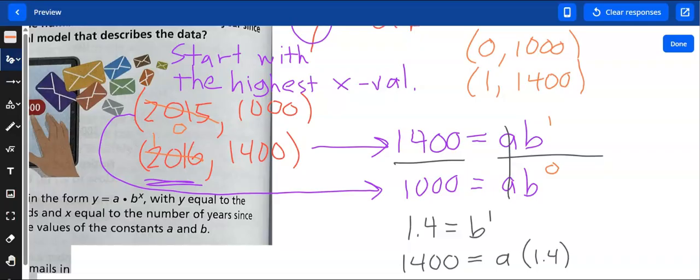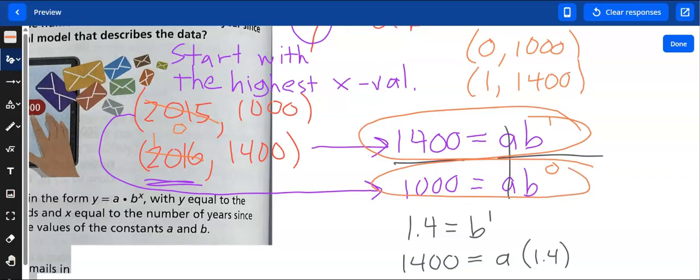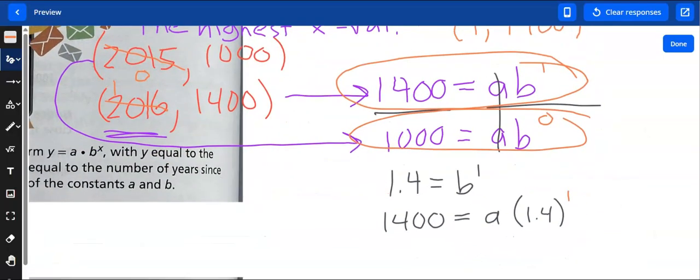Now, do we have an equation we could plug it back into and figure out what A is? Sure we do. We got 2 of them. Anybody got a preference? Top one? Okay. So 1400 equals A times 1.4 to the first. How do we get A solved for?